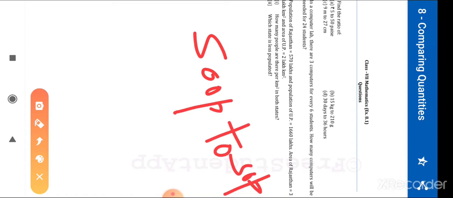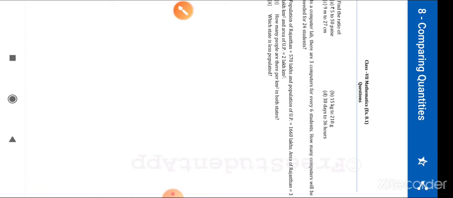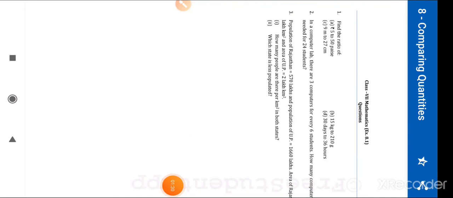To find the ratio, we write our numbers in the form of numerator and denominator. The number that appears before "to", we write in the numerator portion, and the number that appears after "to", we write in the denominator portion.